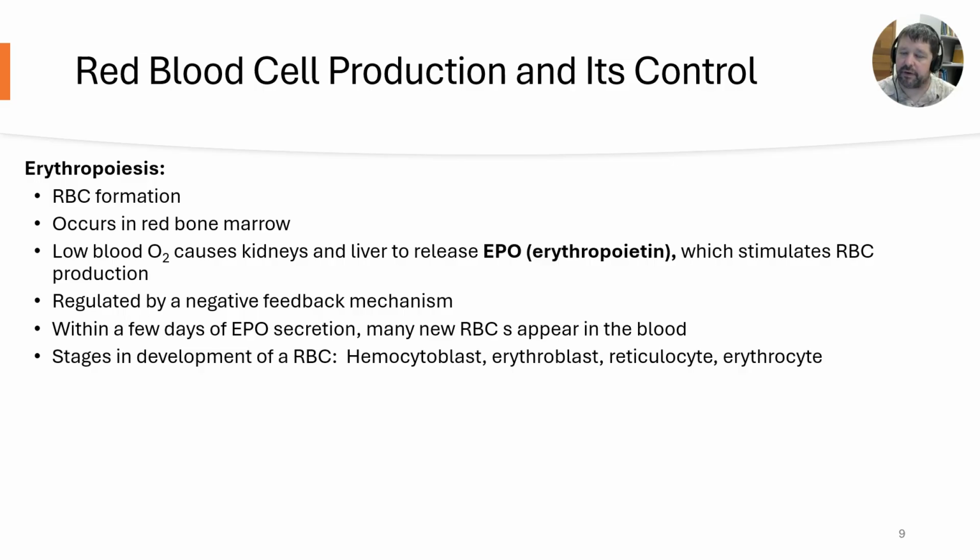There are a few stages to this. You have the hemocytoblast. That's the stem cell. That stem cell is going to differentiate into an erythroblast based on erythropoietin. And then you have a transitional phase, the reticulocyte.